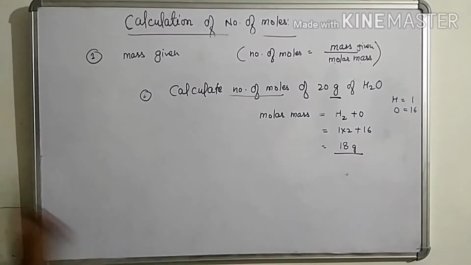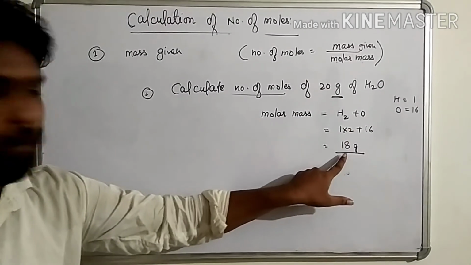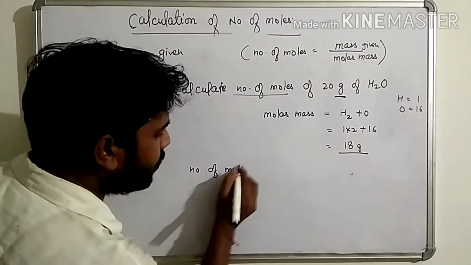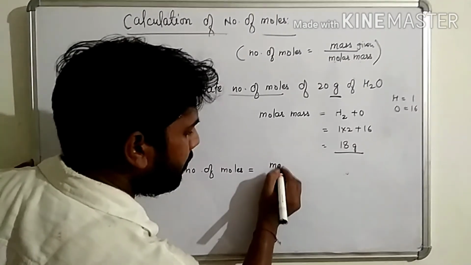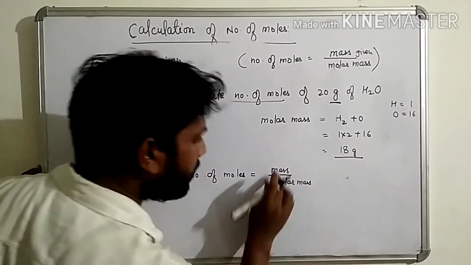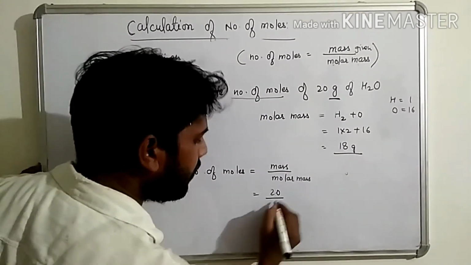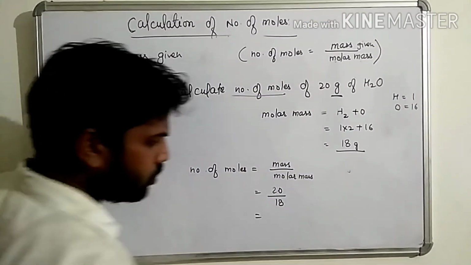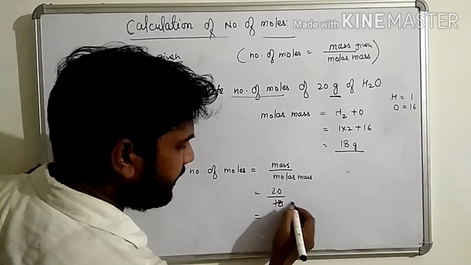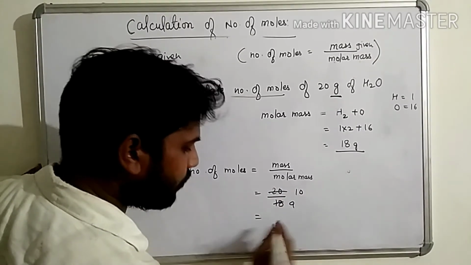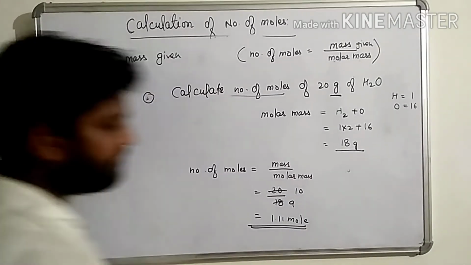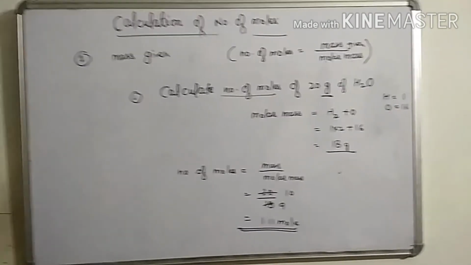Clear, children? Now we have mass given, also molar mass. Now number of moles is equal to mass upon molar mass. Mass is 20 by 18. So when you divide, it will be 1.11 mole. Clear, children? Note in your copy.